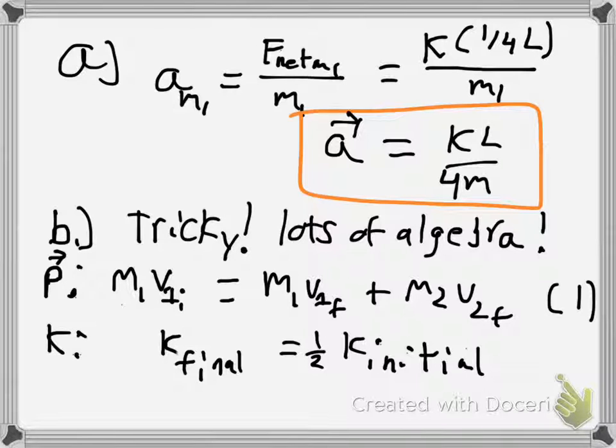So here we go. We're going to start with our two basic equations for any type of collision. We need to write our momentum equation. We have the initial momentum of the first block, because block 2 is at rest, and then the final momentum of each block, V1 final and V2 final.